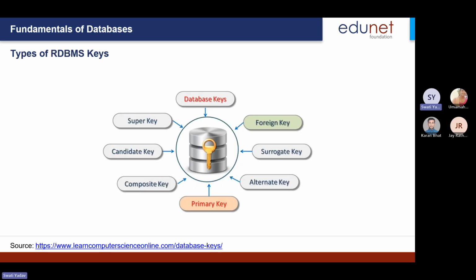There are different kinds of keys that we are going to discuss when we move on to that: primary key, unique key, alternate key, candidate key, foreign key, composite key, surrogate key. We are going to discuss these with the help of lab exercises.